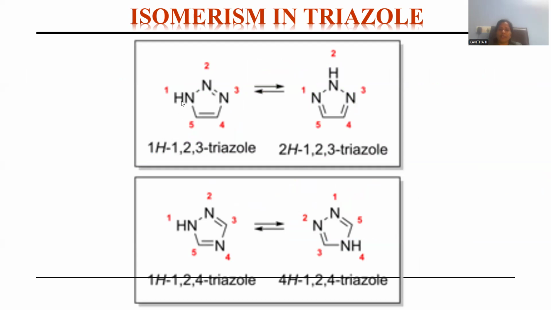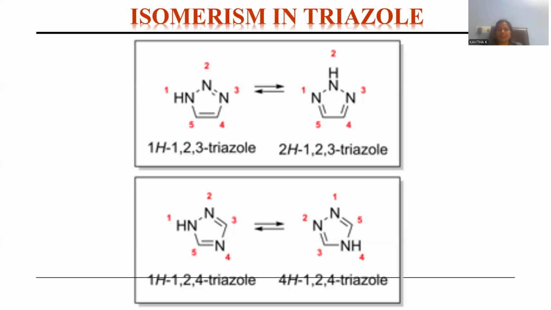One of the nitrogens is protonated in general, but when it participates in the process called tautomerism, the hydrogen shifts from one position to another, so from the first to the second position. So here you can locate the hydrogen. 1H triazole may be transformed into 2H triazole as well. That is the process called tautomerism.